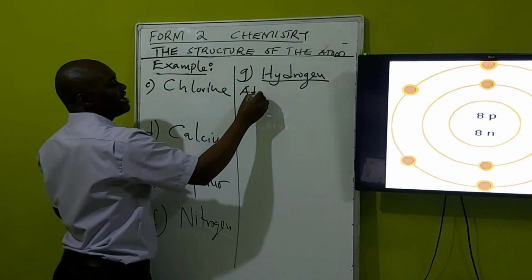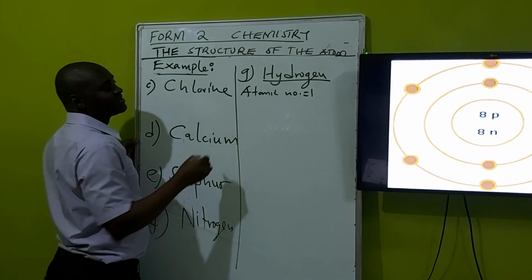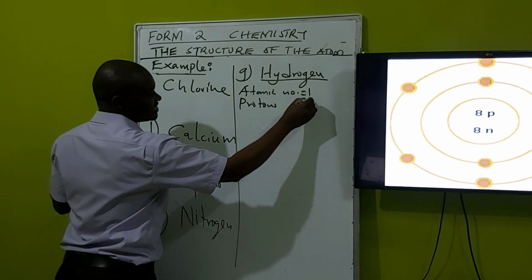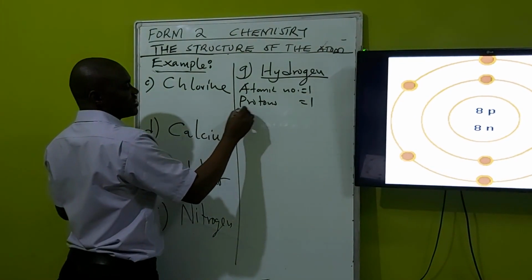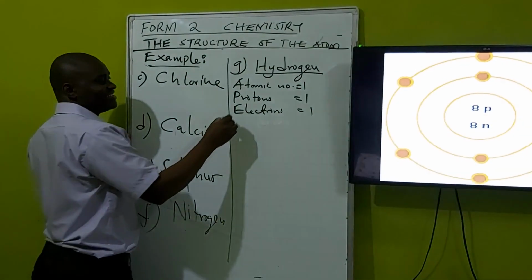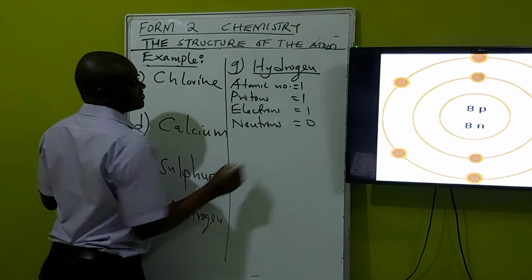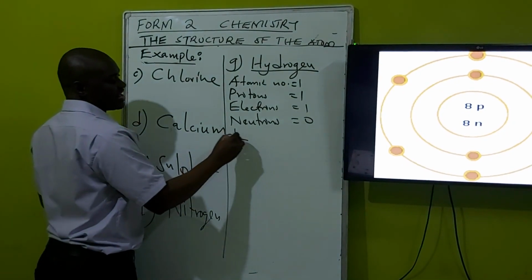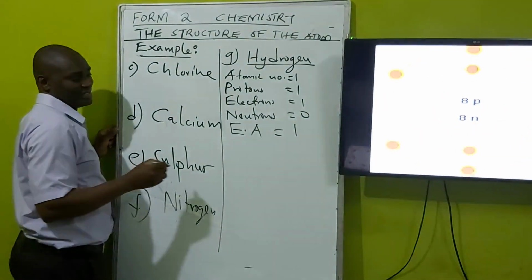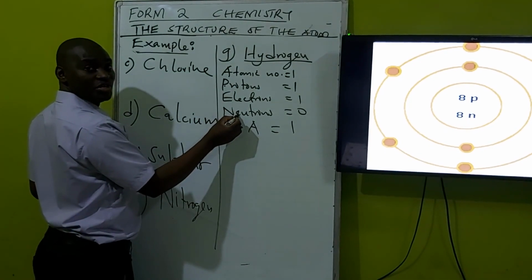Hydrogen is atomic number 1. Protons: 1. Electrons: 1. Neutrons: 0. The electron arrangement for hydrogen is 1. So in the nucleus, there is only 1 proton and 0 neutrons.